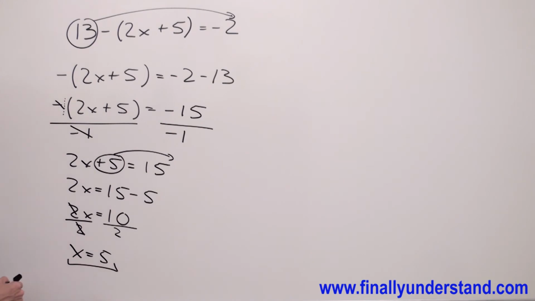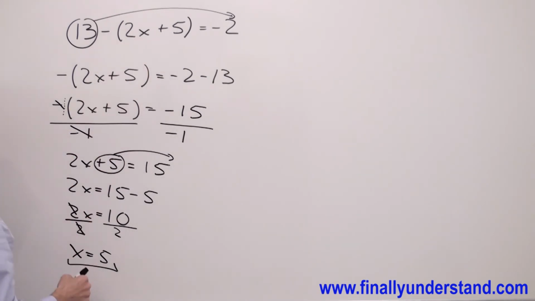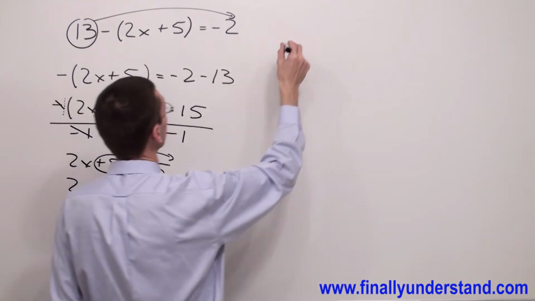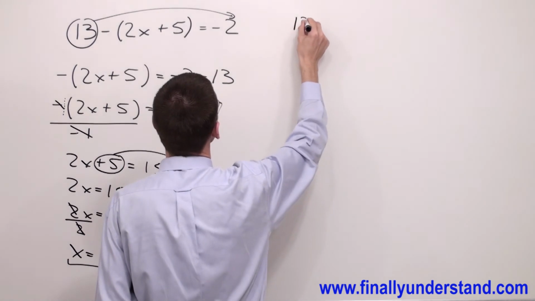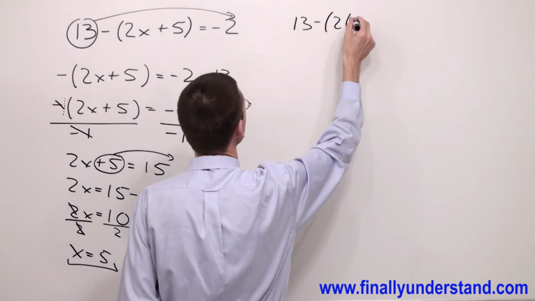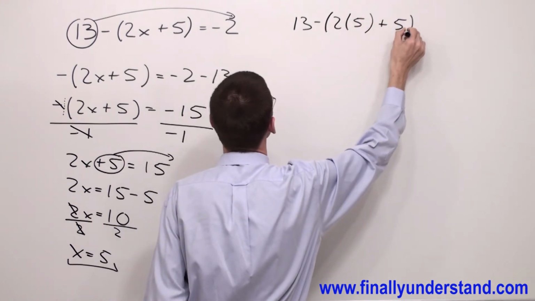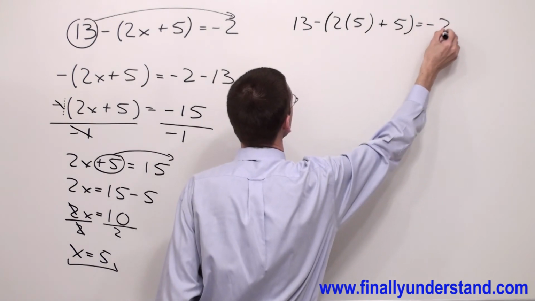In order to verify the answer, we're supposed to replace x in the original equation by 5. Let's do it. And we have 13 minus 2 times 5 plus 5 is equal to negative 2.